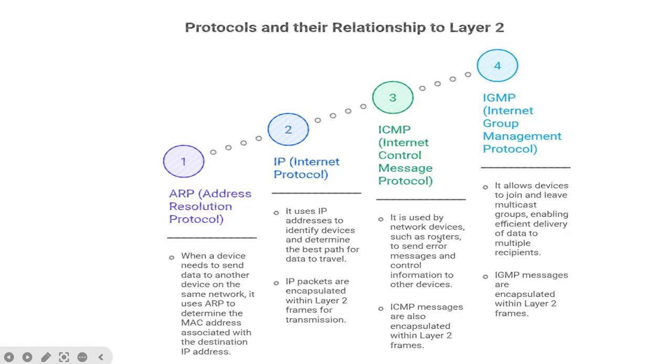Then you have ICMP, which is used by network devices such as routers to send error messages and control information to other devices. Then you have IGMP, which allows devices to join and leave multicast groups and enables efficient delivery of data to multiple recipients.